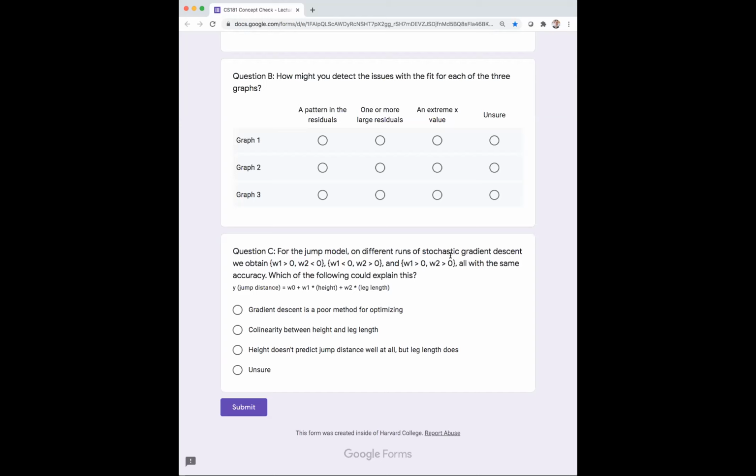For different runs of a stochastic variant on that, we obtain one time weight 1 is positive, weight 2 is negative. One time weight 1 is negative, weight 2 is positive, and a third time weight 1 and weight 2 are positive, all with the same accuracy. Which of the following could help to explain this?